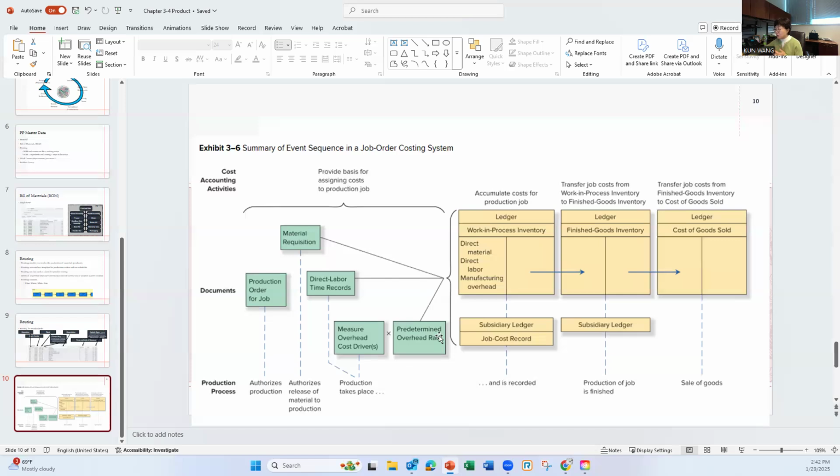Why and how? Okay, why? So keep this question. Why couldn't we capture the actual insurance expense, actual property tax related to the manufacturing facilities, or the inspection cost? Why couldn't we capture the actual overhead and then allocate it to the different products?